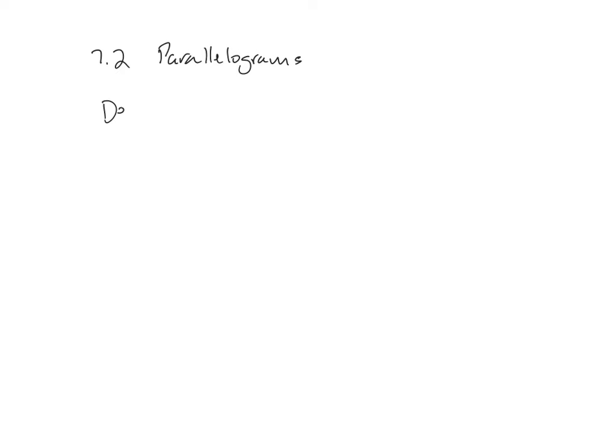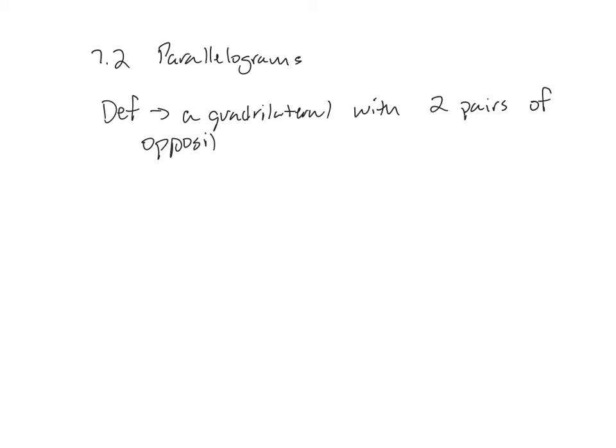So the definition of a parallelogram is a quadrilateral, so four-sided figures, quadrilateral with two pairs of opposite sides parallel.